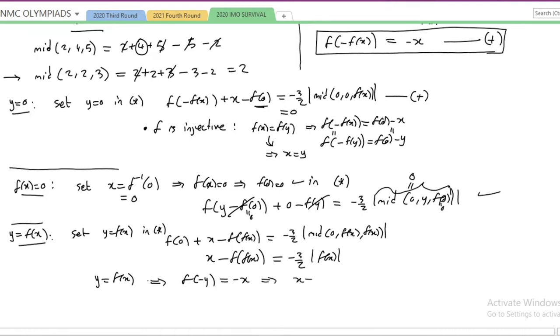So it gives us a way of writing x in terms of y, so this is minus f of minus y. Okay, so this is from plus. So we're going to use that now to rewrite this equation. So that becomes, instead of x we have this, minus f of y is equal to minus 3 over 2 y.